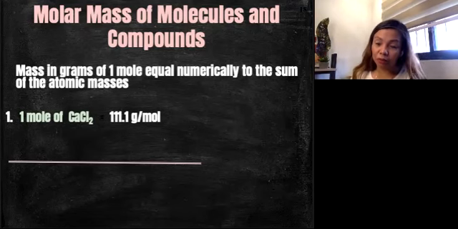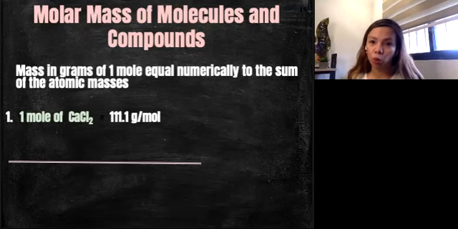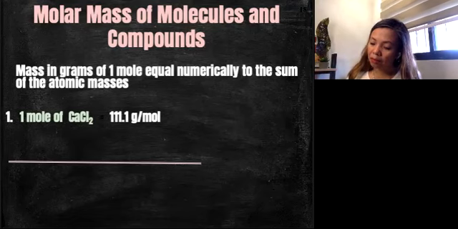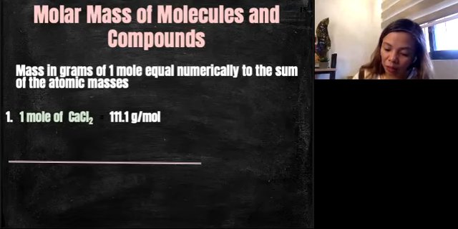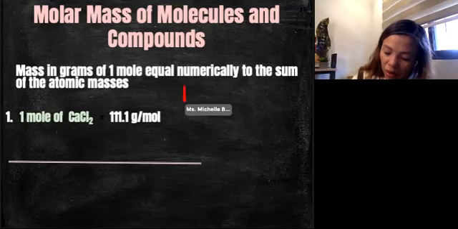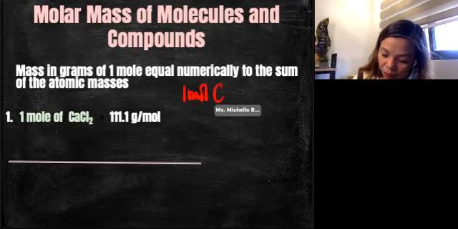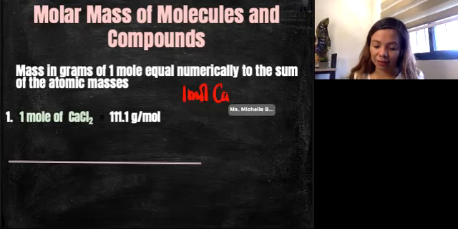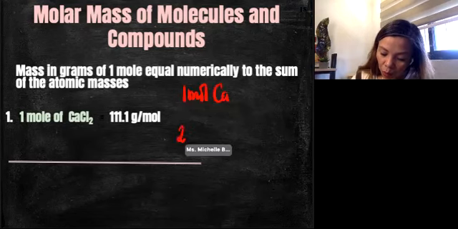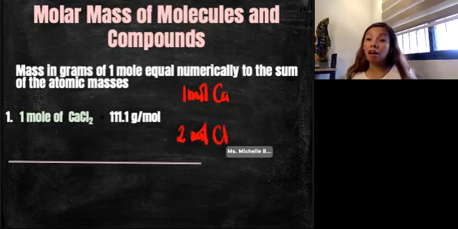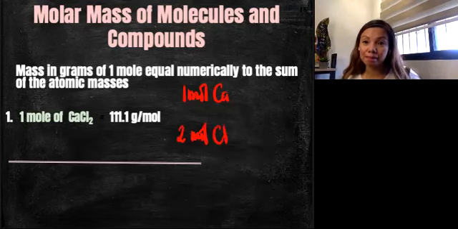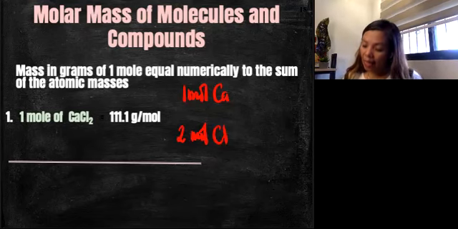The number of atoms is represented by moles. So how many moles of each atom are present in calcium chloride? We have 1 mole of calcium. What else? We have 2 moles of chlorine. The abbreviated symbol of mole is mol.